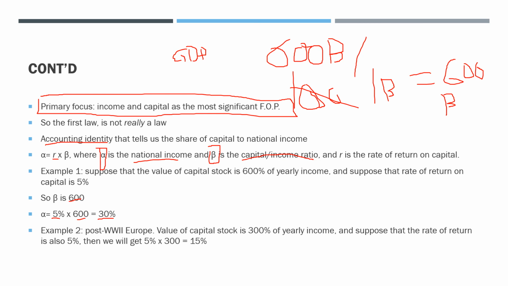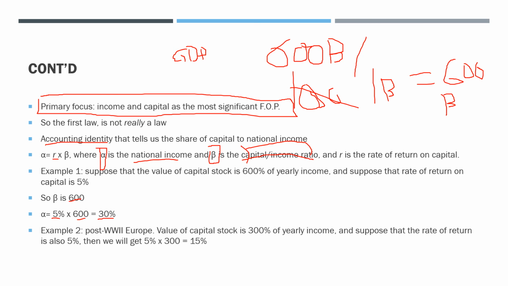Now, let's look at the value of capital, the capital income ratio, with the slash, not the dash. The capital income ratio where you divide is pretty high, 600. As we saw in the graph previously, immediately after World War II there was a sort of dip, and that can be attributed partly to a dip in the capital income ratio.